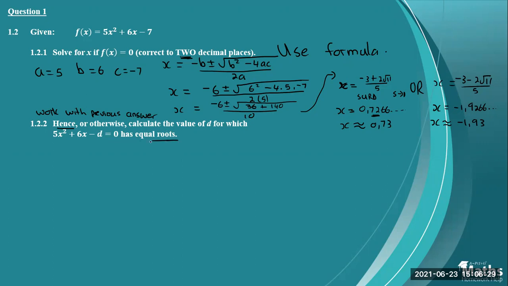So the moment that you see roots, it means that you are going to work with a discriminant. So I just want to show you the three types when we work with the roots.